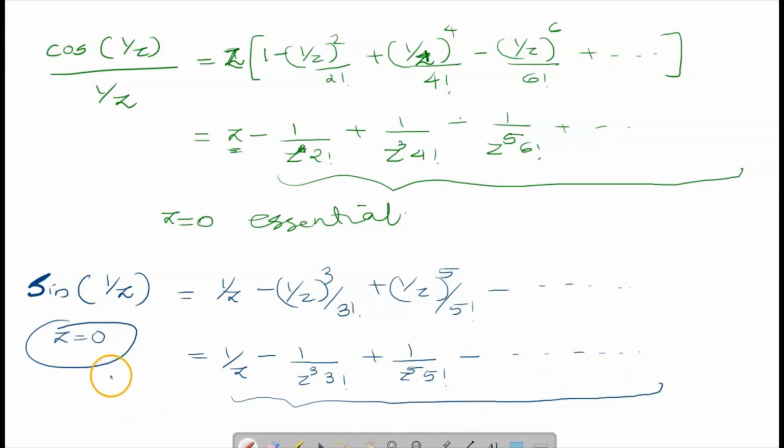So z equal to 0 is an essential singularity.